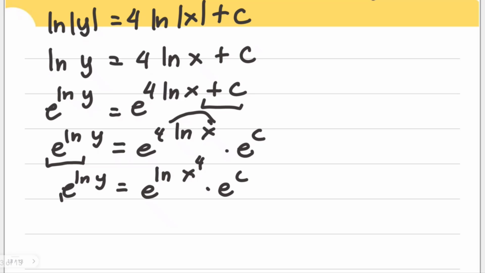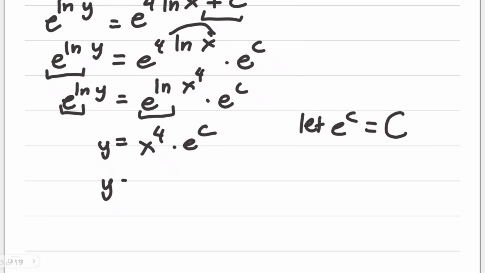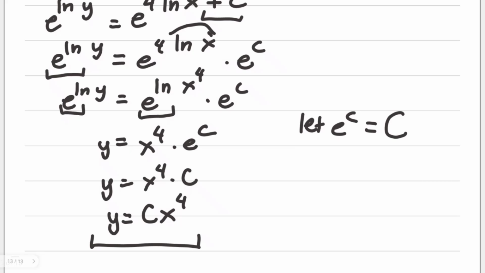So we can simplify this, leaving y is equal to x to the power of 4 times e to the power of c. If we let e to the power of c be a capital C, then we can write now that our equation is y is equal to x to the power of 4 times C, or y is equal to Cx to the power of 4. This is now the solution of the given equation.